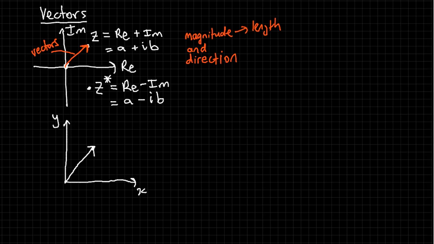So its length we can denote as r, and this kind of makes sense, kind of the radius. And then we can think about an angle that it has from the x-axis, and this tells us the direction, and this here tells us the magnitude.